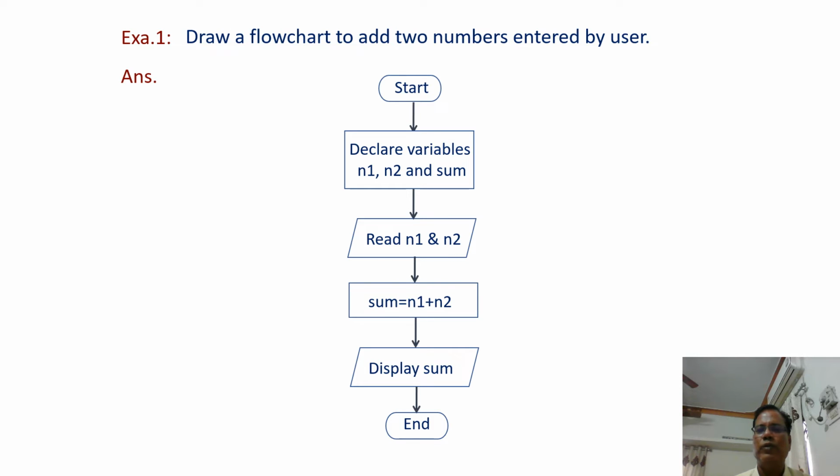When we have to get the input or output process, that is represented by the parallelogram. While reading the two data, as well as outputting the result, we use the parallelogram. So this example shows how to draw the flowchart to solve a problem, and that problem is nothing but to add two numbers entered by the user.